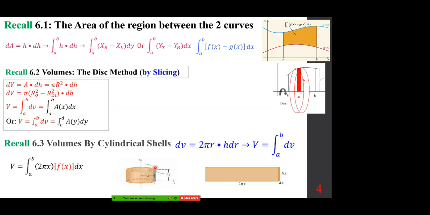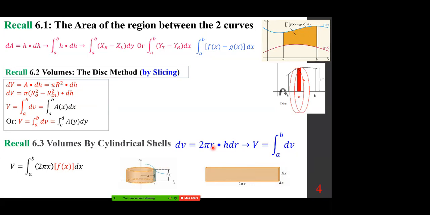If you multiply, which is simply 2 pi r times h, by its thickness, which is either dx or dy, which I'm going to call dr because it goes back to r, then you have the method of shells.